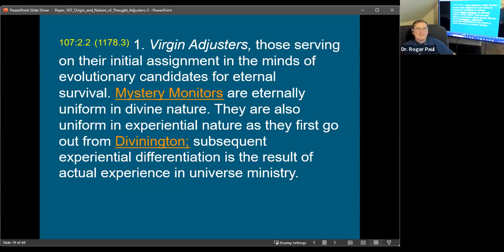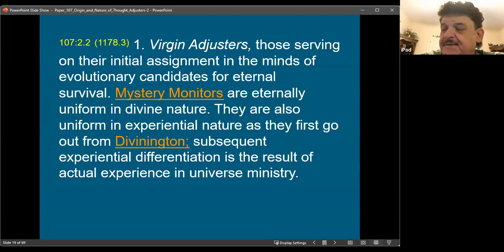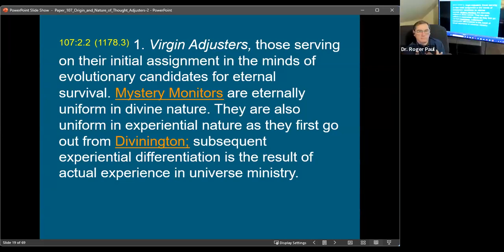Okay, so basically what they're telling us here is this. When adjusters are first created, virgin adjusters, they're fragments of God, of divinity, exactly the same. And that's important to understand, because as soon as they leave Divinington, they start gaining experience.